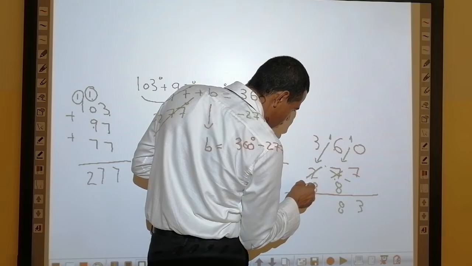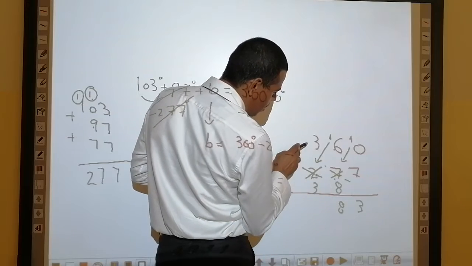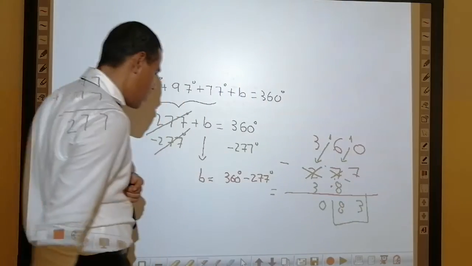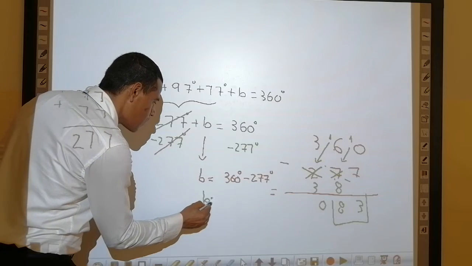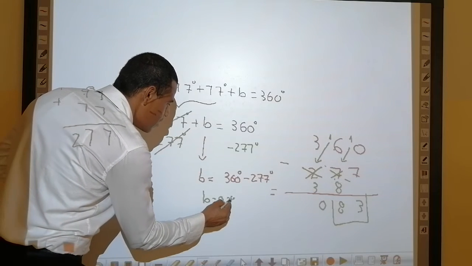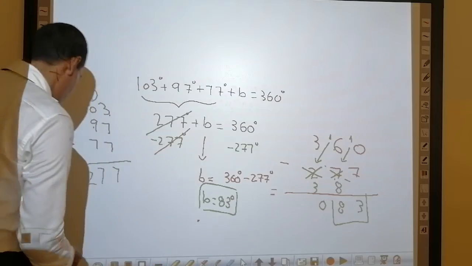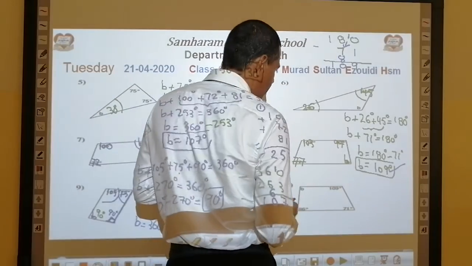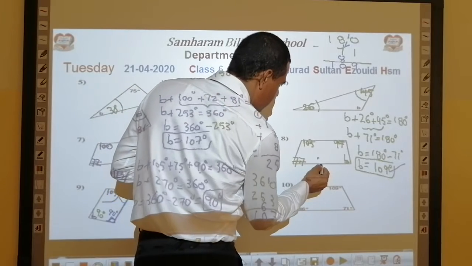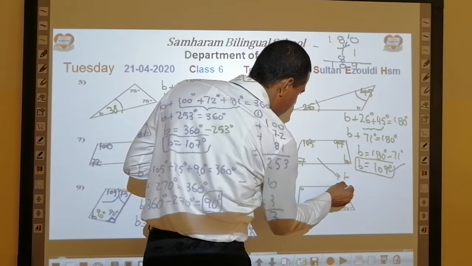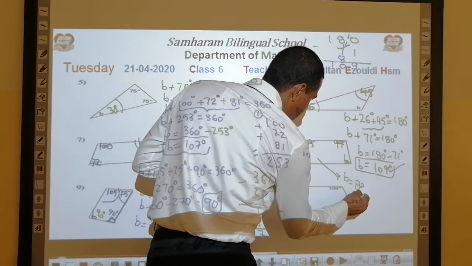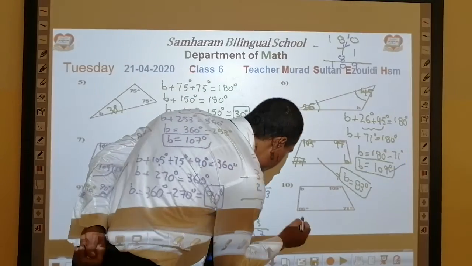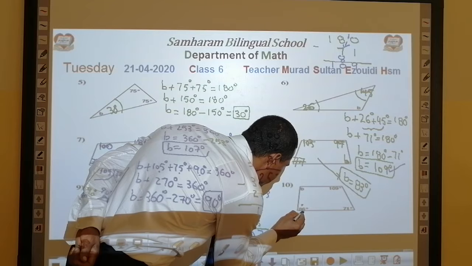Now I will never work with this 2. So 3 minus 3 is 0. So what is the answer? It is 83. So B equals 83 degrees. Okay? So this one, B is equal to 83 degrees. Okay. The second one, this is 86.